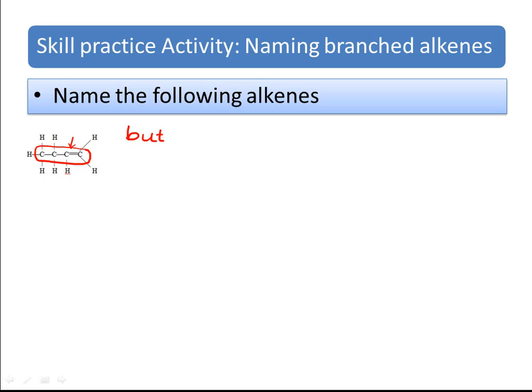So what we're looking at is I've got 4 carbons, and the prefix is but, and I have to state the position of the double bond, and the position of the double bond I state must be the lowest possible when I number this carbon chain. I could number this carbon chain from here to there, 1 to 4, but what it means is the first carbon that I get to, which is possessing this double bond, is carbon number 3.